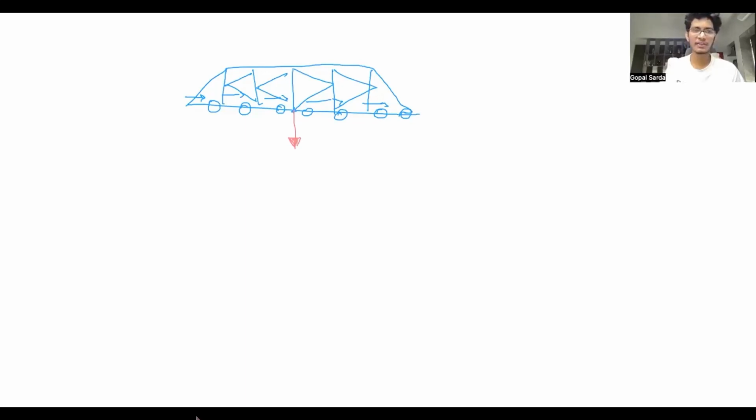My basic thinking was, if you look at this, all these are compression members. If we want to make the bridge more efficient, we have to decrease the length of the compression members so that the bridge will last more.